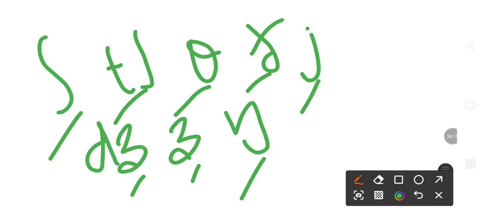Today we have learned 24 consonants, of which 16 are accepted as they are, so there is no problem.